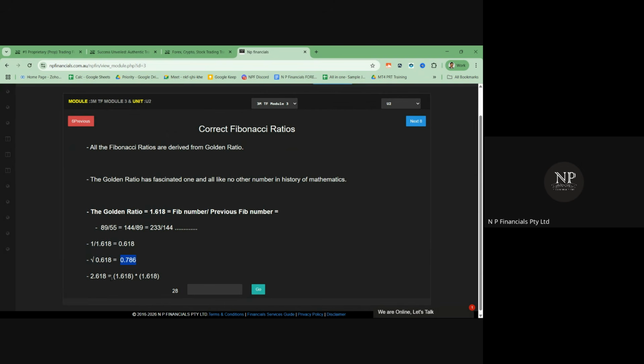If you take the square of the golden ratio, 1.618 multiplied by 1.618, you get 2.618, which is a Fibonacci ratio. So as you can see, everything is derived from 1.618. Any question?